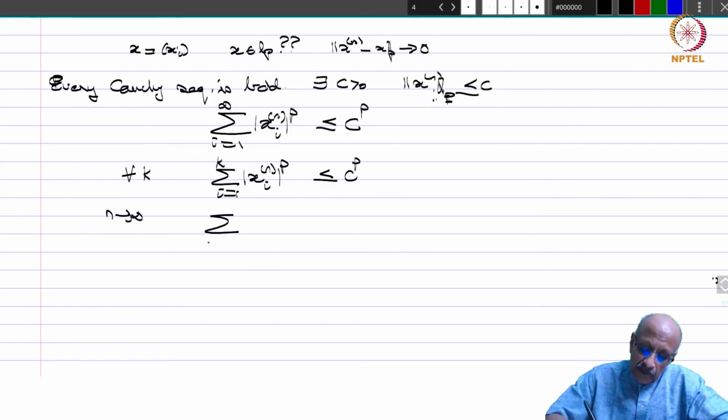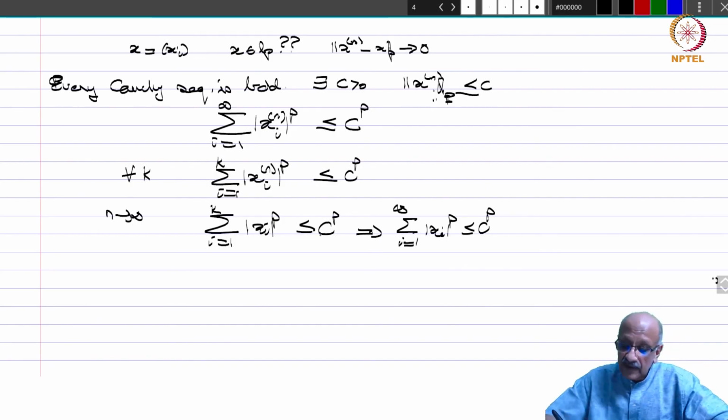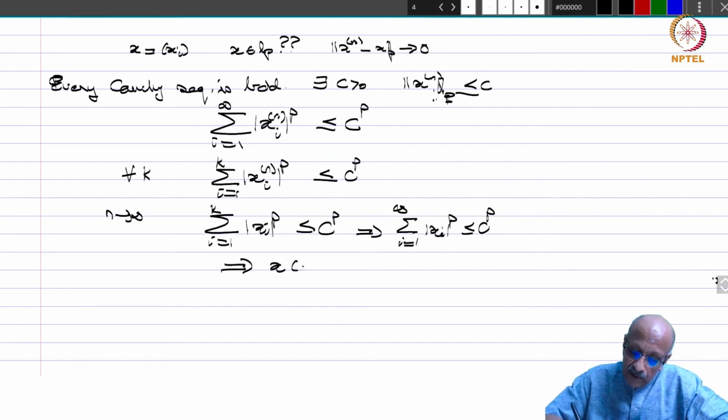You have that the sum from i equals 1 to k of |x^i|^p is less than or equal to C^p, which implies that the sum from i equals 1 to infinity of |x^i|^p is also less than or equal to C^p, because the right hand side is independent of k, and therefore you can let k tend to infinity, and this implies that x belongs to l^p.